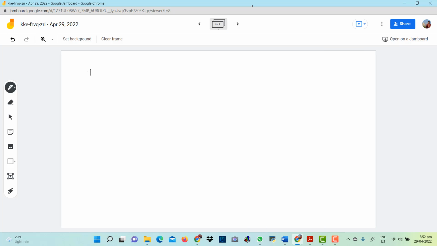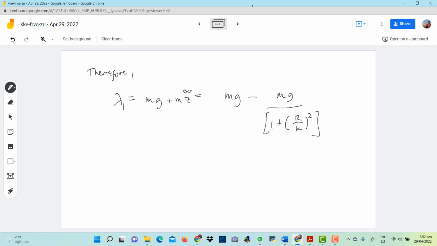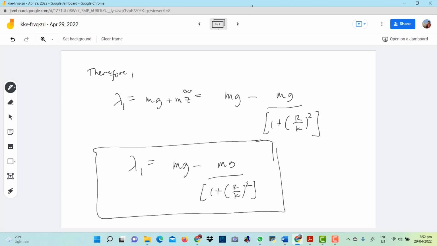Therefore, this will be your final answer for lambda 1: lambda 1 is equal to mg plus mz double dot, which equals mg minus mg over 1 plus r over k quantity square. So this will be my lambda 1, mg over 1 plus r over k quantity square.